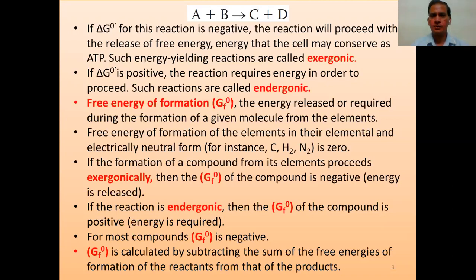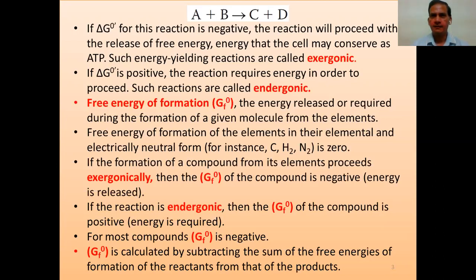For most compounds, Gf0 is negative. It means that if simple elements are taken and result in the formation of bigger molecules or larger macromolecules, the energy will be negative. It means the reactions will be exergonic and they will be favored. This delta G0 prime is calculated by subtracting the sum of the free energy of formation of the reactants from that of the products.